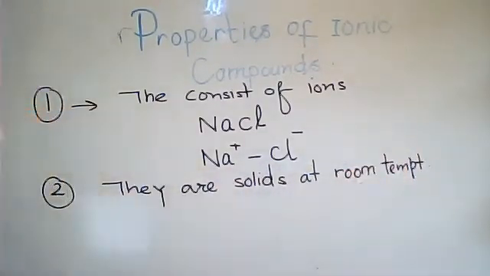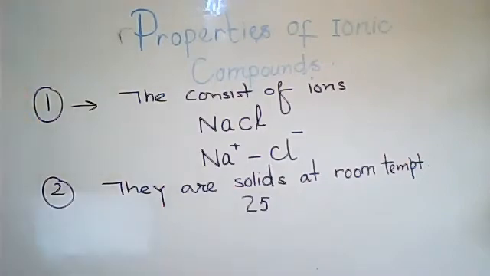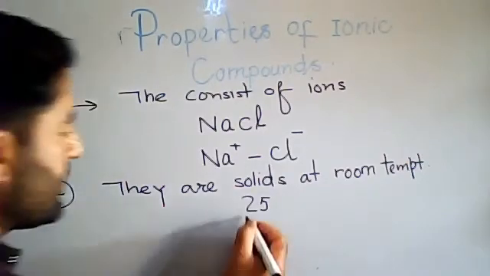Okay, I'm writing TMPT, temperature. So second property is that they are solids at room temperature, means at 25 degree. Normally room temperature remains around the 25 degree. So at 25 degree, you will find them solids. Okay, dear?